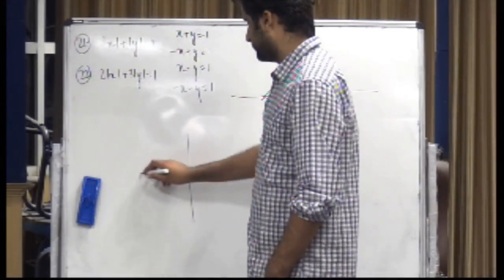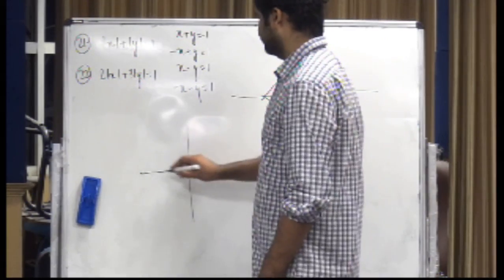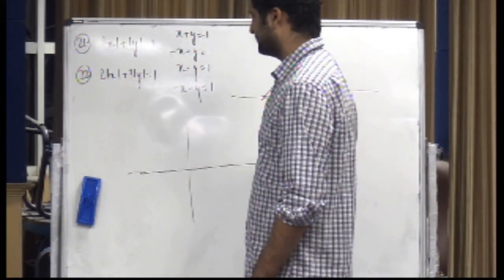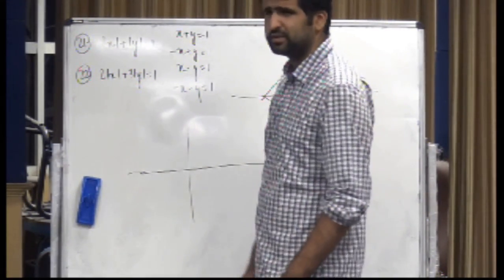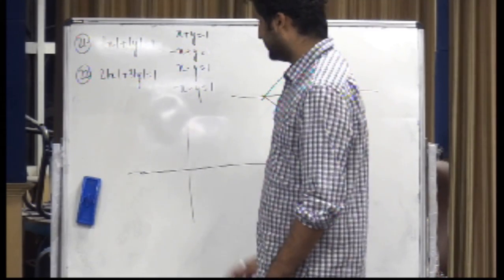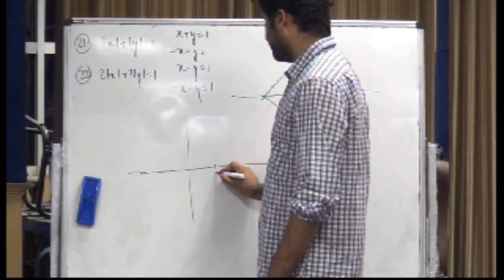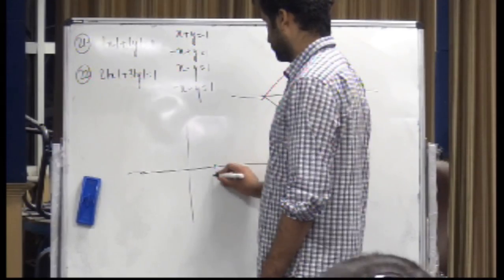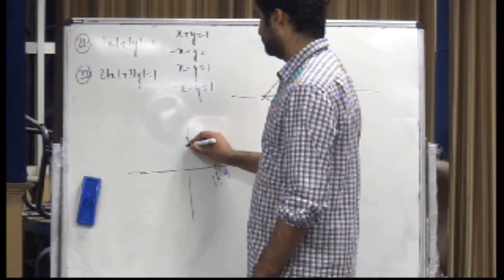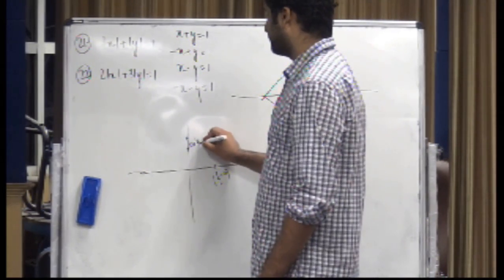Similarly the next graph will be 2 times mod x plus 3 times mod y. In this case, the value of x will be 1 by 2 and this value will be 0 comma 1 by 3.